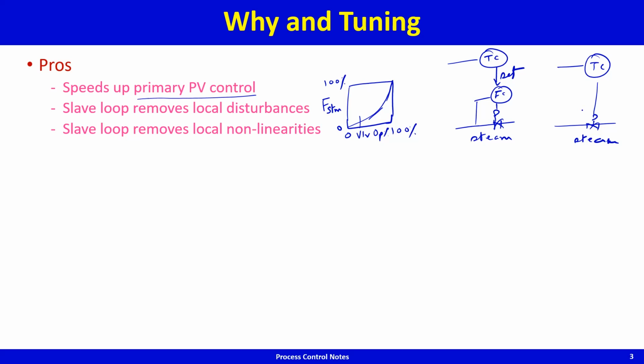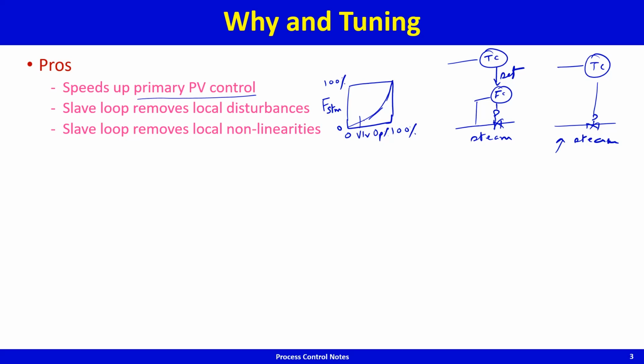Now in this case, what will happen? So let us say the temperature of the tray decreases. So in order to increase the temperature, you'll have to put in more steam.